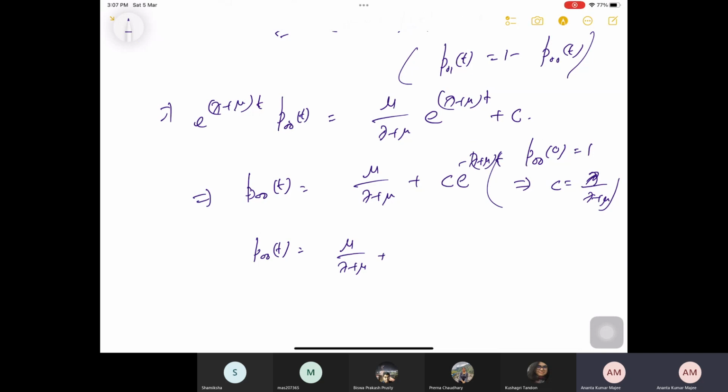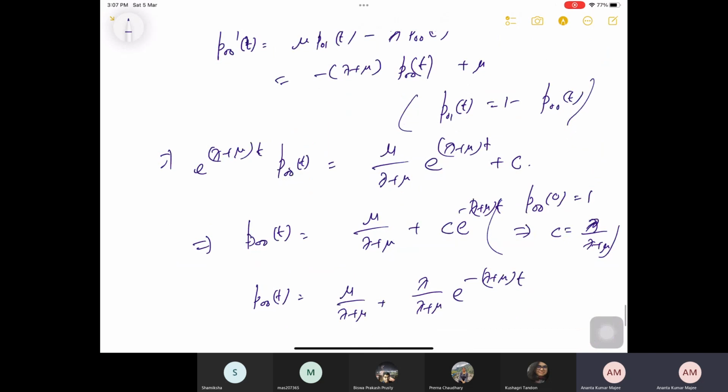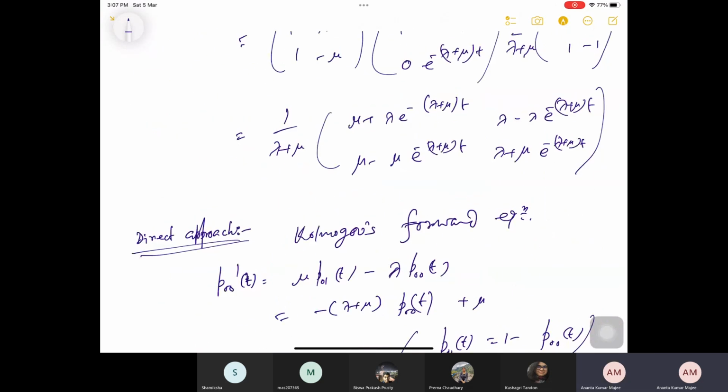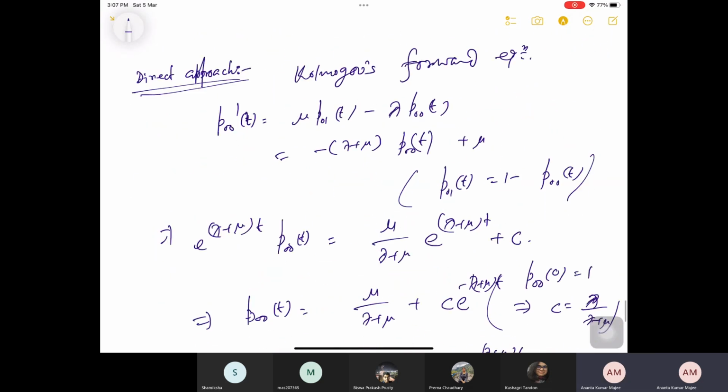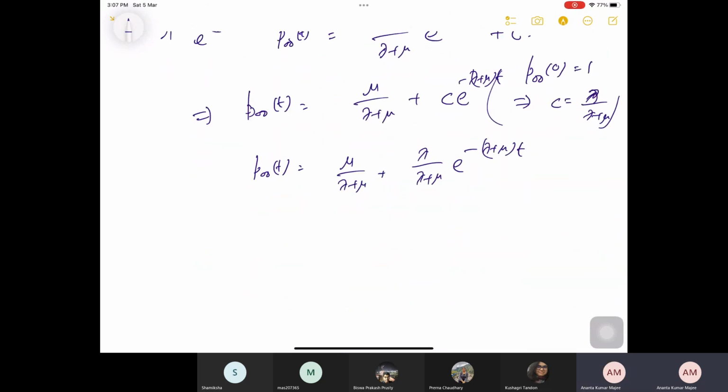So I have lambda by lambda plus mu times e to the power minus (lambda plus mu) t. Now if you see from here in my matrix, I have exactly that part: mu by lambda plus mu plus lambda by lambda plus mu times e to the minus (lambda plus mu) t.